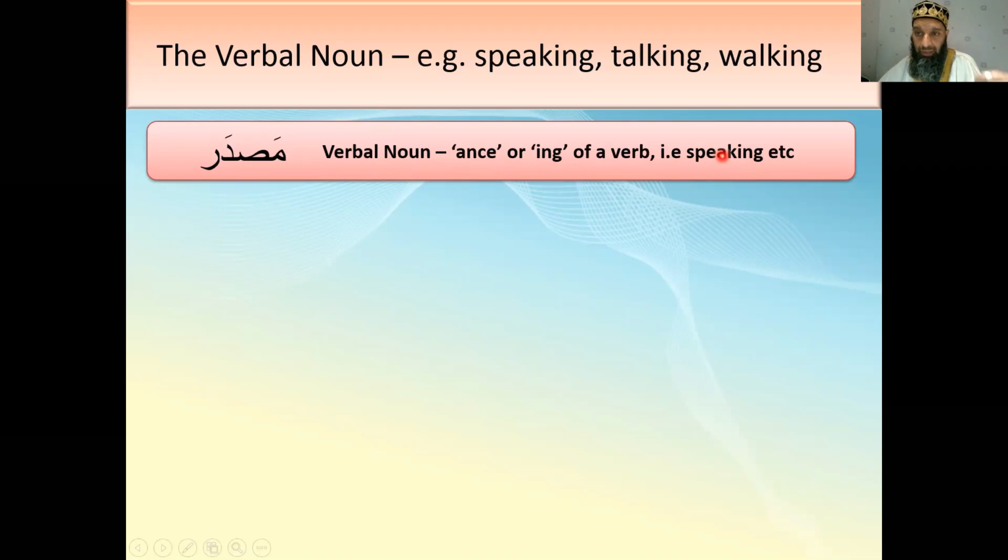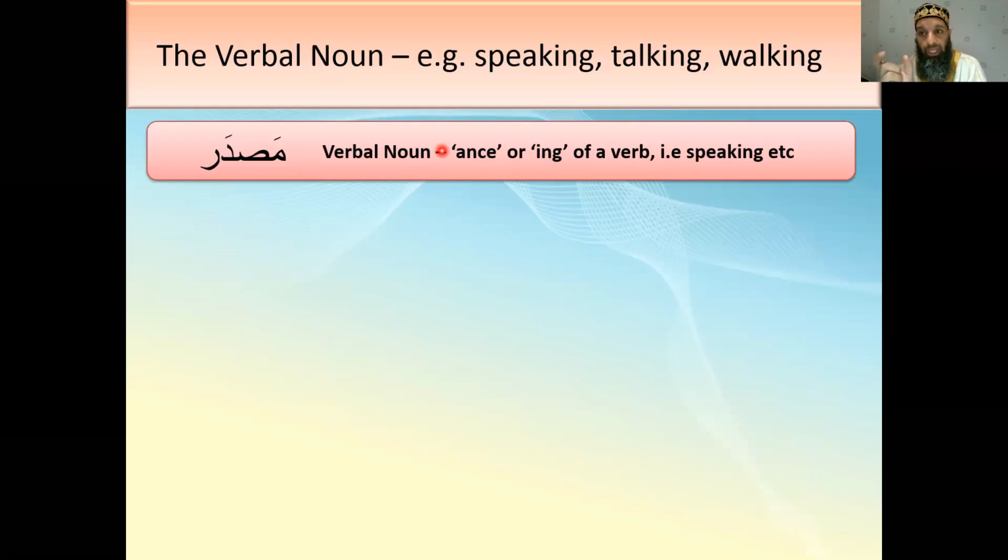and these are termed as nouns in Arabic. Even in English, it says verbal noun. So admittance, talking, walking, playing, remembrance, skiing. These are all verbal nouns. So there's a way to make a verb into a verbal noun.